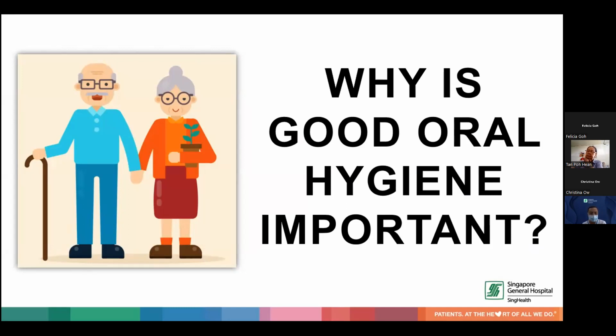Yeah, you'll be surprised. If you don't take care of your oral hygiene, it may affect your cardiovascular health, which is your heart. Oral bacteria can affect the heart when it enters the bloodstream. When it reaches the coronary artery, it can contribute to clot formation, which eventually can lead to a heart attack.